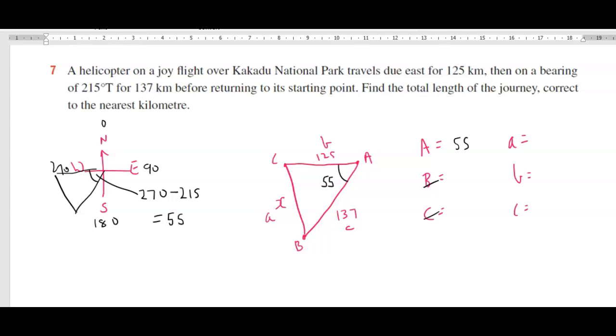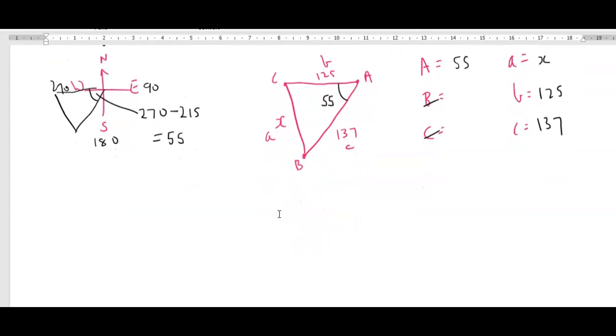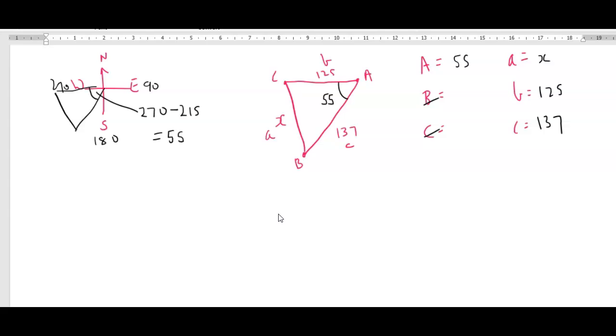We don't need the other two angles. And then side A I've labelled as X, B is 125, and C 137. Okay, so cosine rule.